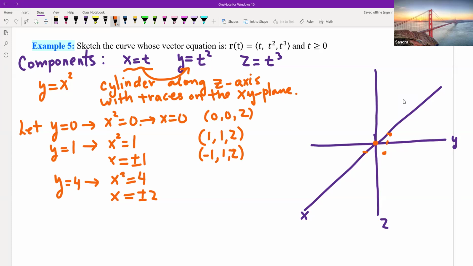Let's move on to the next one. This one would be 2 and 4, and z is 3. Negative 2 and 4, and z is 3. So x is 2, and y is 4.